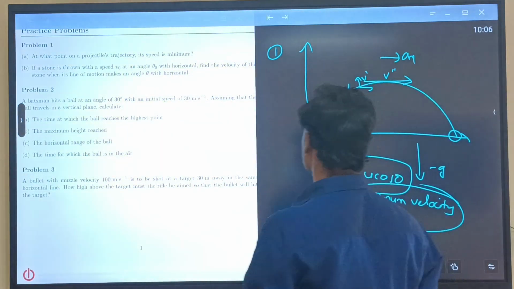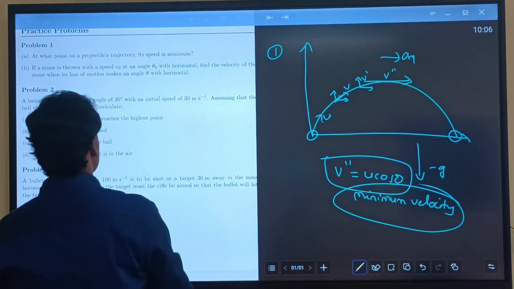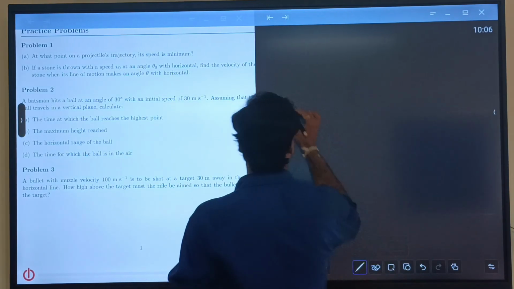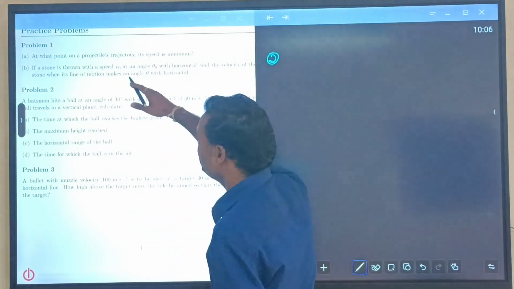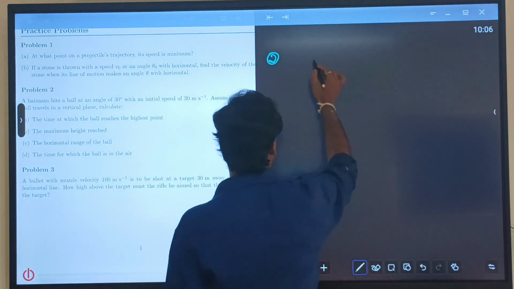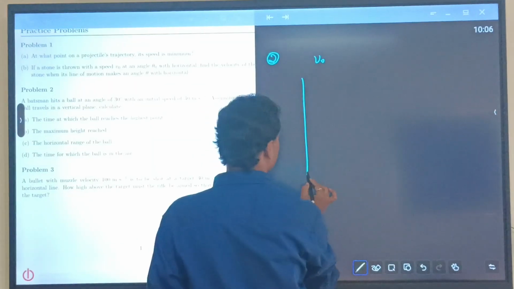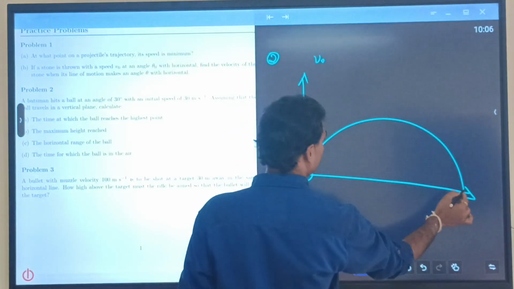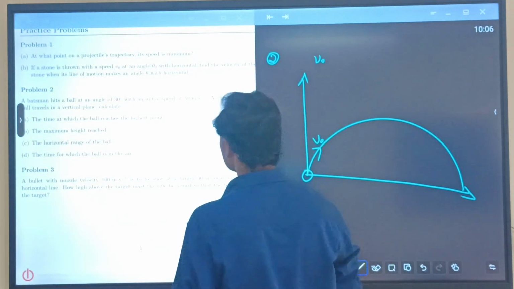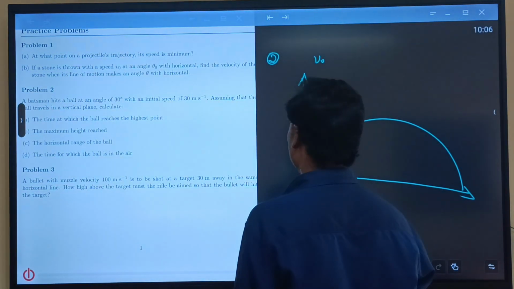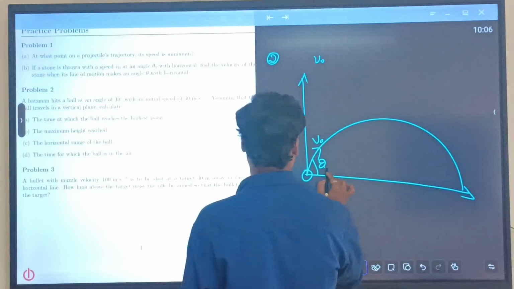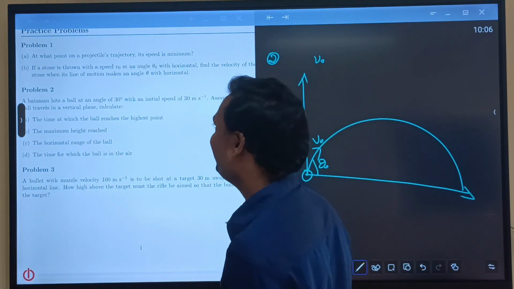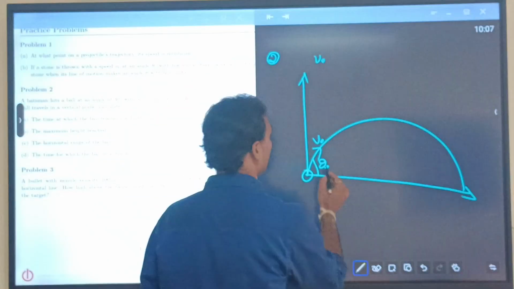Next one, see here, the second part of the question is: if a stone is thrown with a speed of v naught, that means here v naught, at an angle theta naught with the horizontal, find the velocity of the stone when its line of motion makes an angle theta with the horizontal.